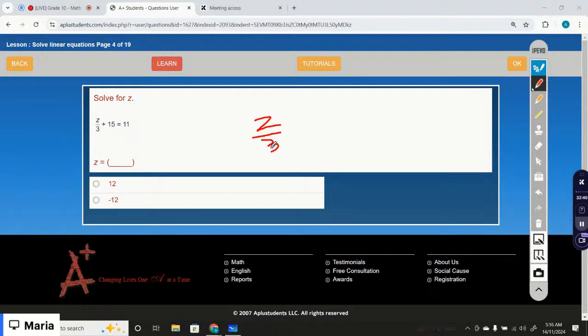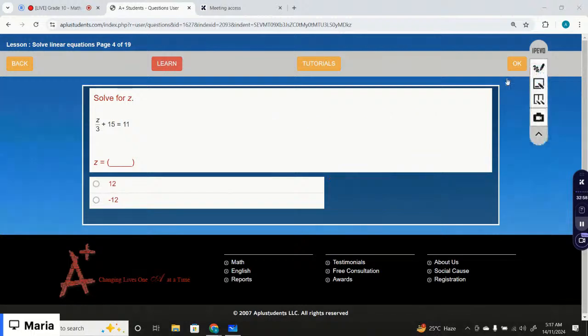First, z over 3 plus 15 minus 15 equals 11 minus 15. So that is z over 3 equals negative 4. So z equals 3 times negative 4, that is negative 12. The correct option is option number 2, negative 12 it is.